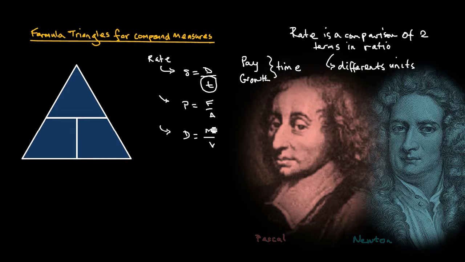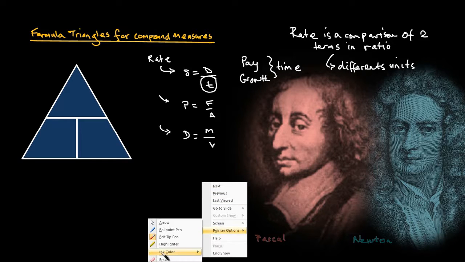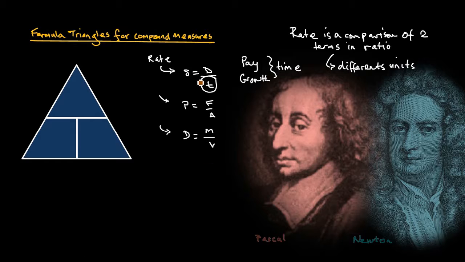So you can see here the units of measurement, obviously, are meters and let's say seconds. So that adds to our definition of a rate. Speed, the rate of speed, is distance per time, distance over time, measured in this case in meters per second.